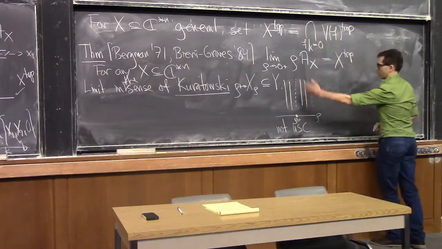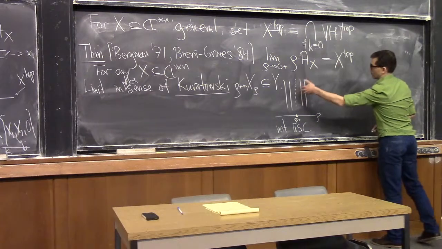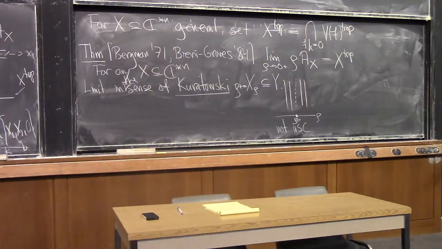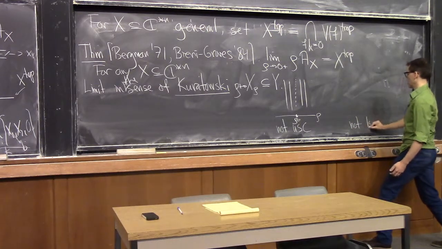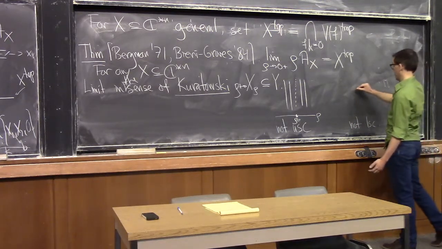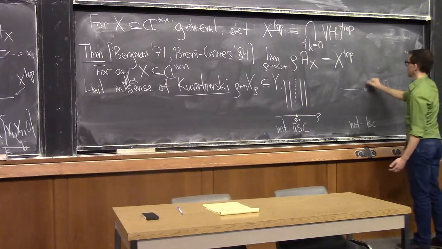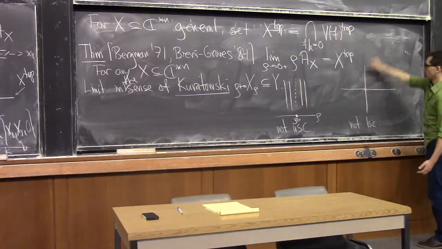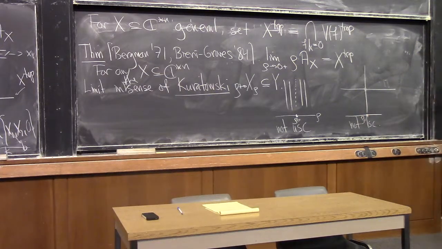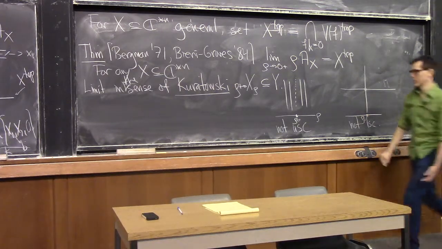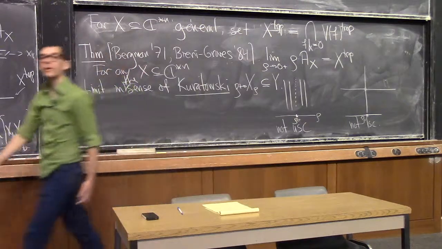If the nearby spaces have a lot of points that I don't see in the limit, if there's some implosion, then it's not upper semi-continuous. Not lower semi-continuous would be the opposite: I have a lot of stuff in this particular fiber rho naught that I don't see nearby. I will leave as an exercise to actually formulate the definition.